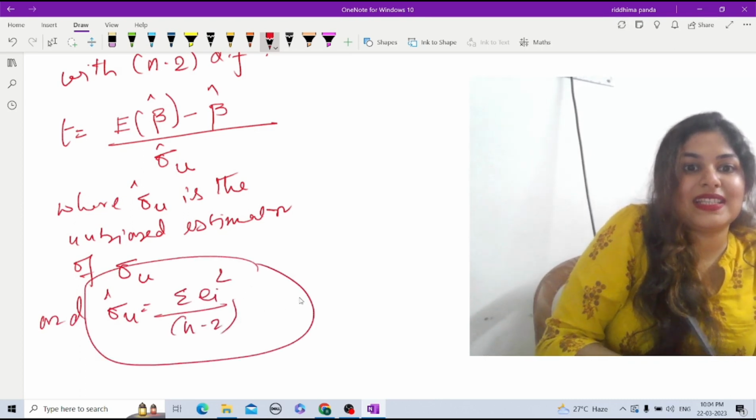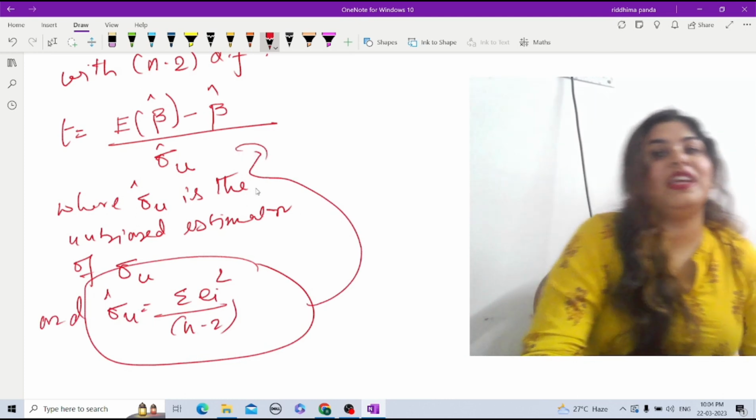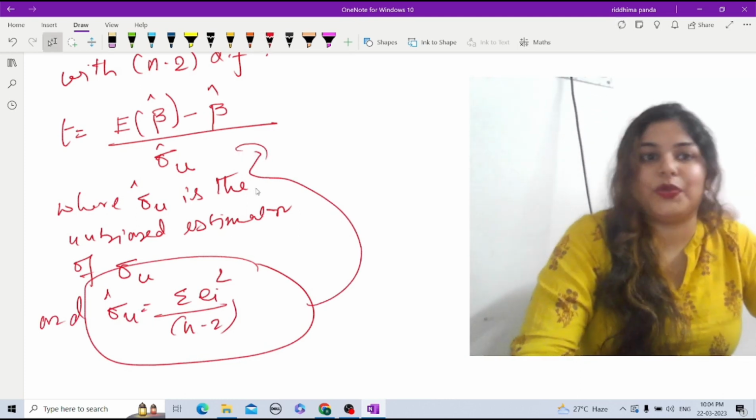So we are using this calculated value because we do not know the value of sigma u.